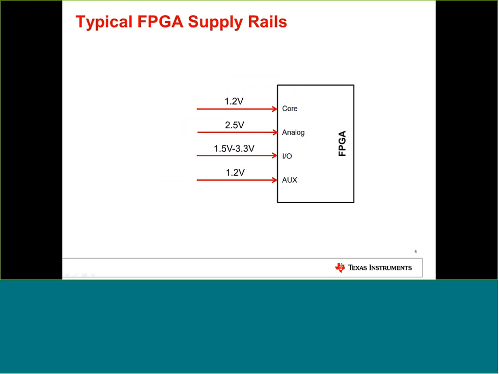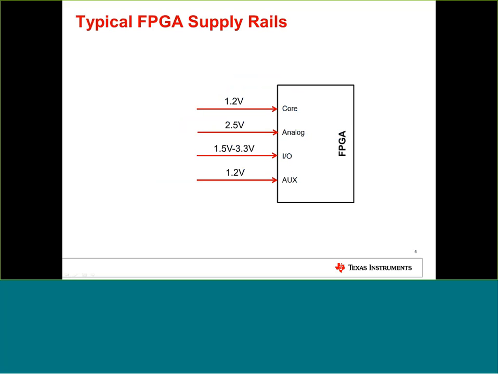So what we can see here are, let's say, typical FPGA supply rails. Of course there are more rails than that, but I think these are the main rails. For example, we have, of course, the core of an FPGA. As I said, this is just an example. Many of them have a voltage target of, let's say, 1.2 volts.